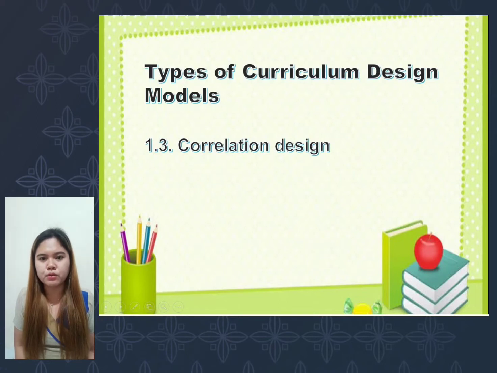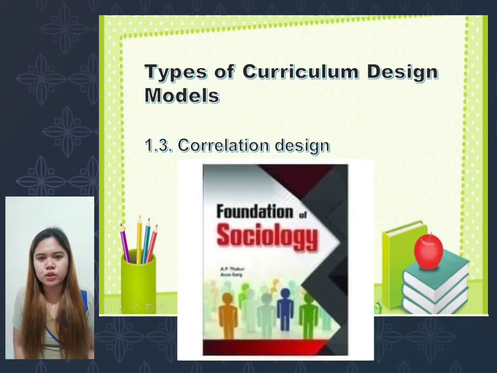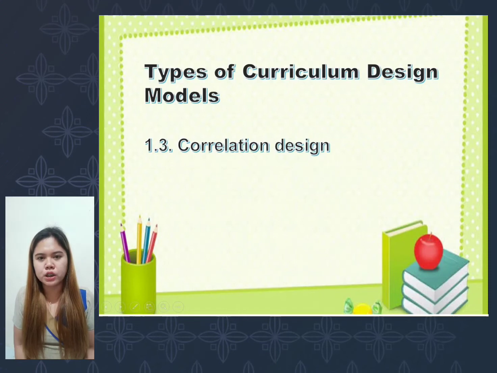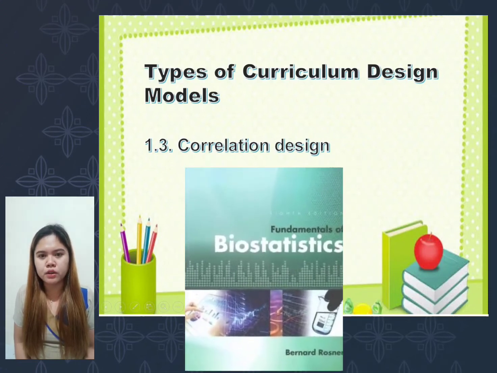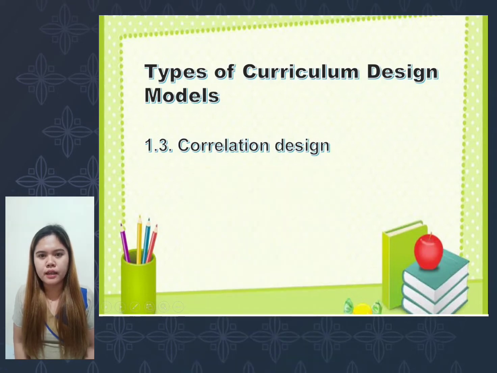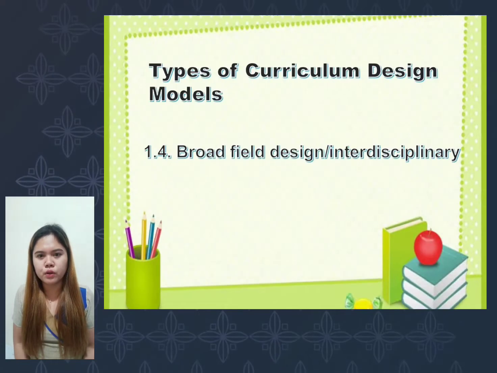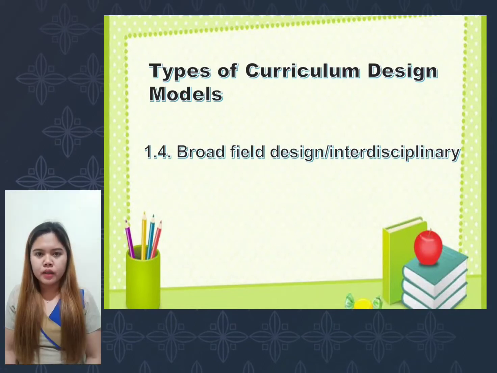Other examples include social psychology, which is sociology and psychology. Another one is biostatistics, which is biology and statistics, and music technology, which focuses on music and its use through technology.